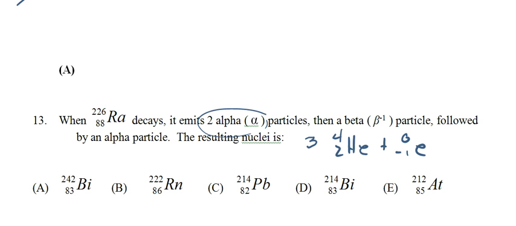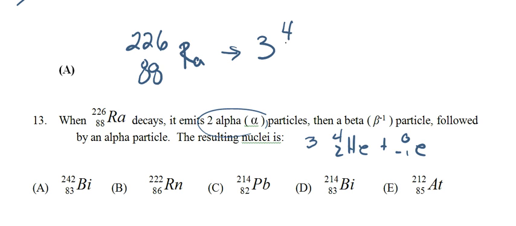Okay, so we have our 226, 88 radium, and it emits. So it goes through 3 of those and an electron. Okay, and then something's being formed here. All right, so we have 12 on top, so 226 minus 12 is 214.